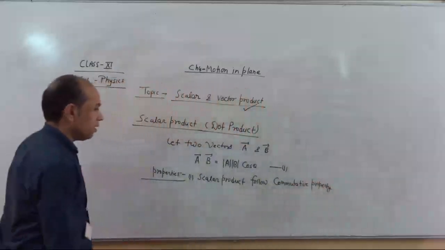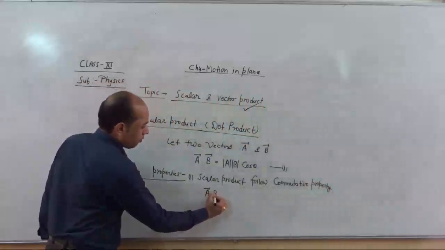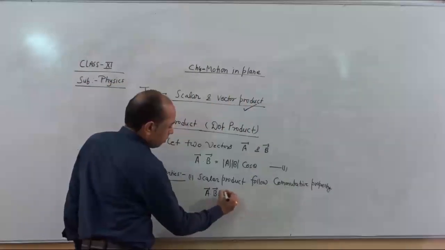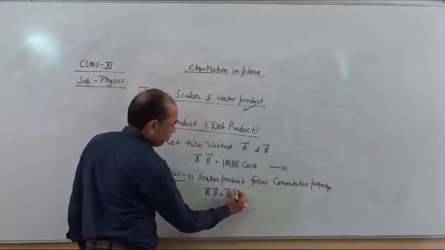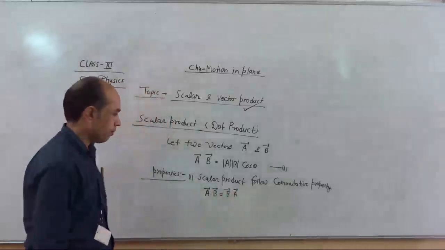That means when we multiply two vectors, A dot B equals B dot A. That means in both ways their product is the same.